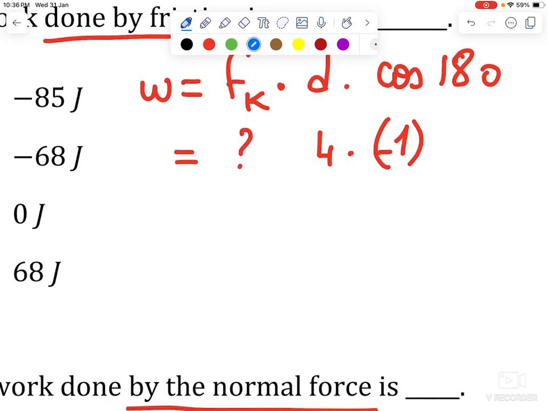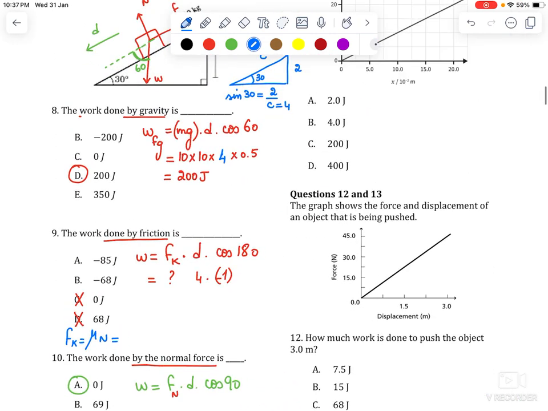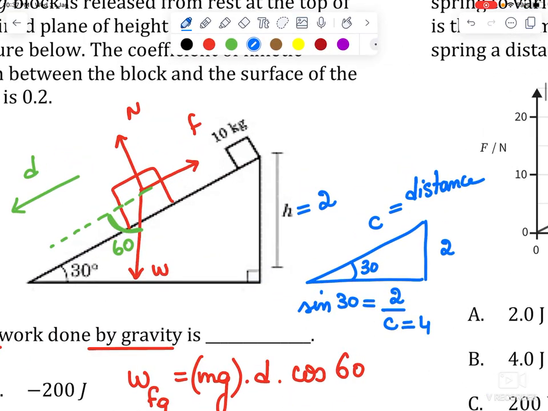Now what is the force of friction? I know that the force of friction equals mu times the normal. However, in this case, the normal is adjacent to the 30, so it is equal to mg cosine of theta.